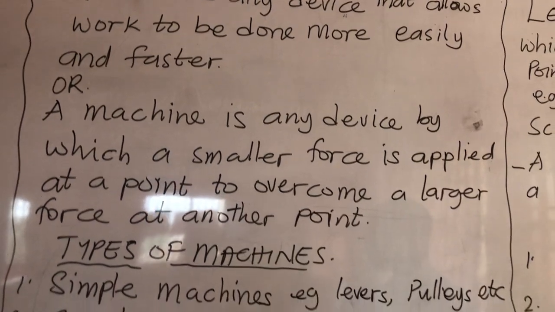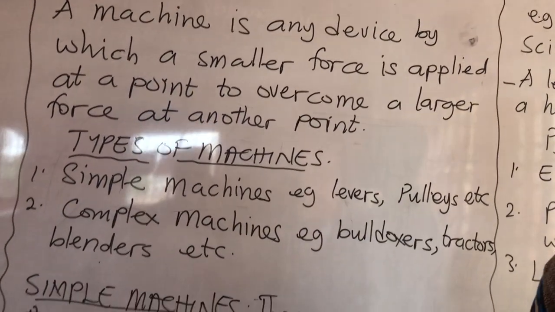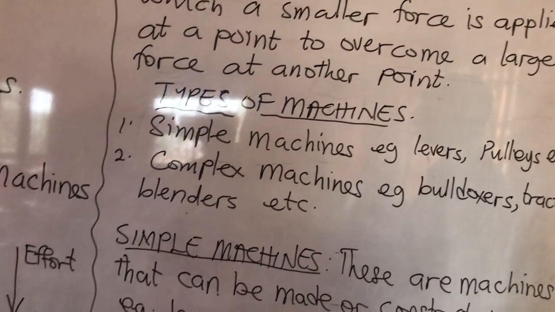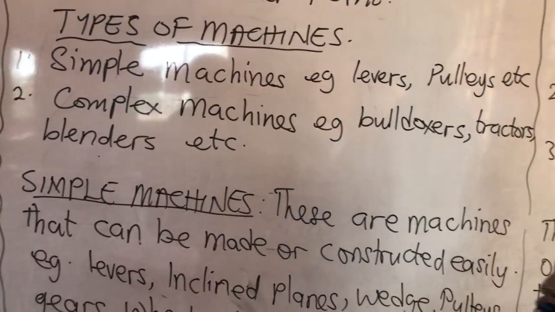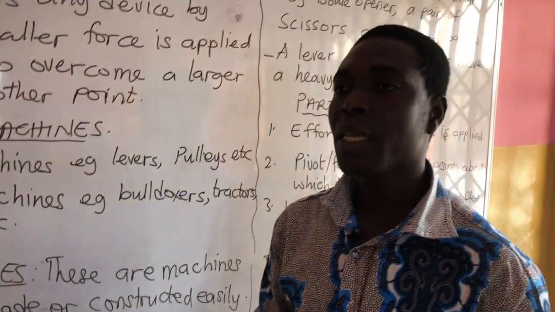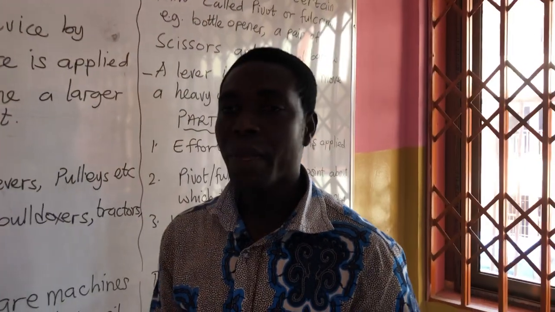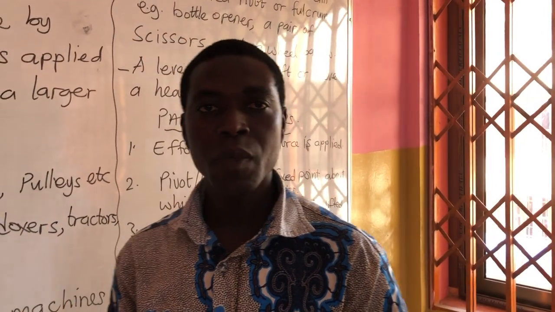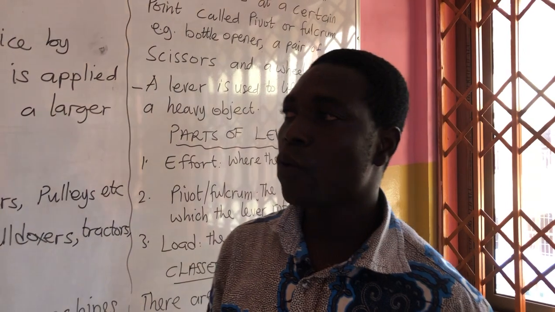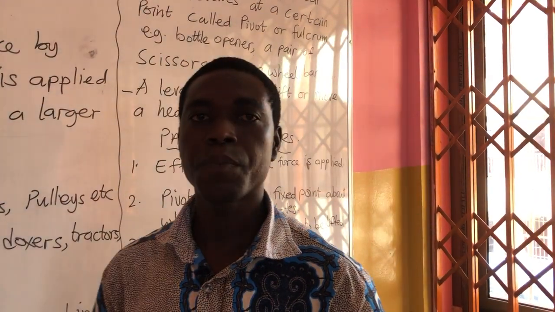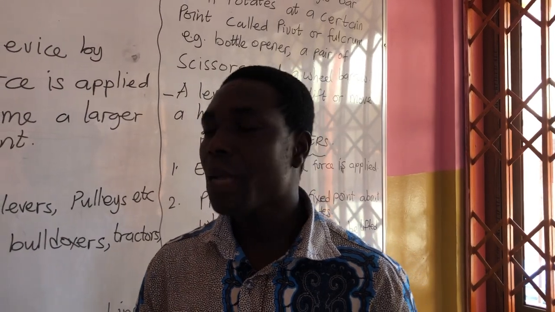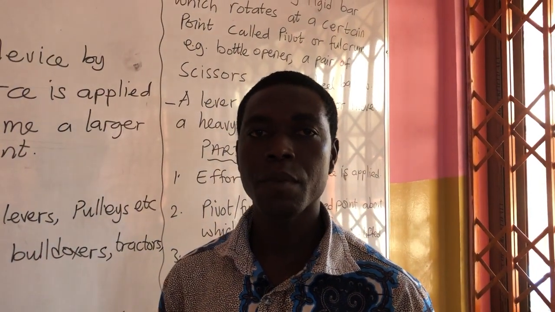Now, before we start, we are expecting to achieve something. We don't just learn for learning's sake. All these things we are learning, in future we are going to apply them, and therefore we must know the importance of learning these topics. By the end of today's lesson, you should be able to explain the term machines. Two, you should be able to distinguish the types of machines we have.